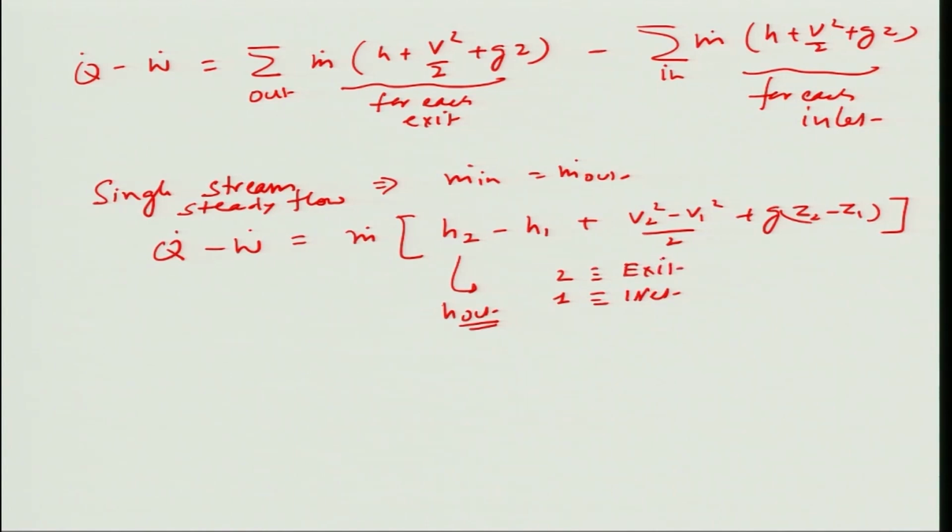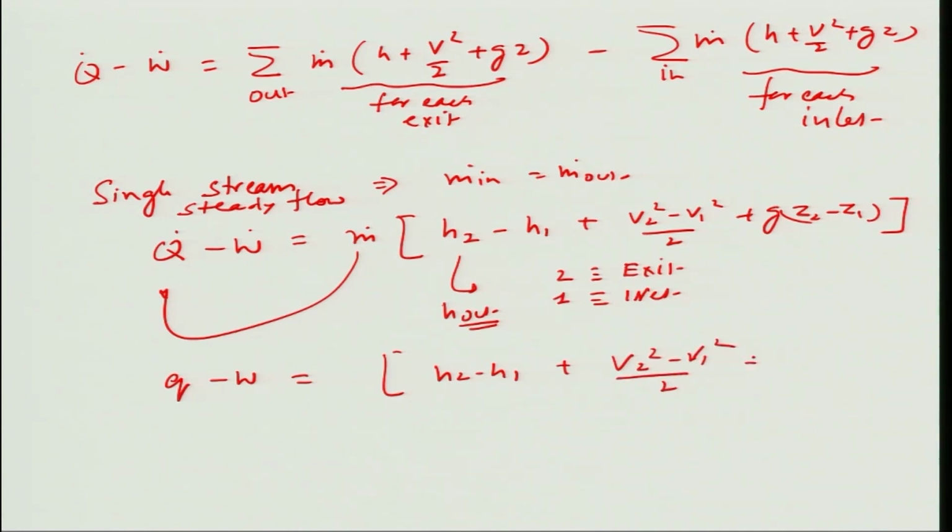Okay, you can divide this Q and W by m dot, and you can write this expression as this. Where small q is nothing but Q dot divided by m dot, and small w is nothing but your capital W dot divided by m dot.